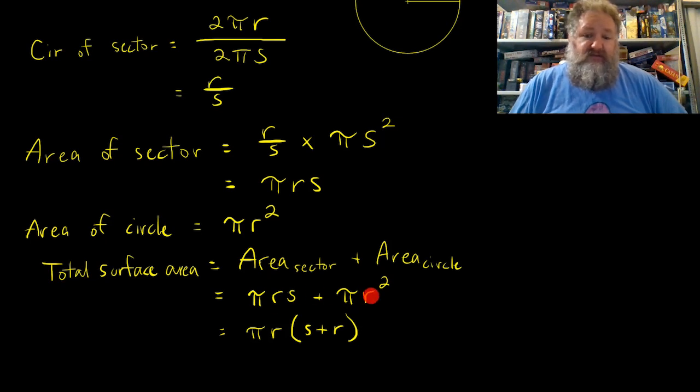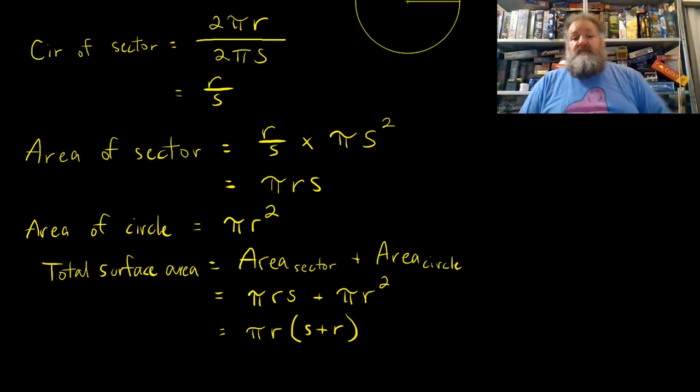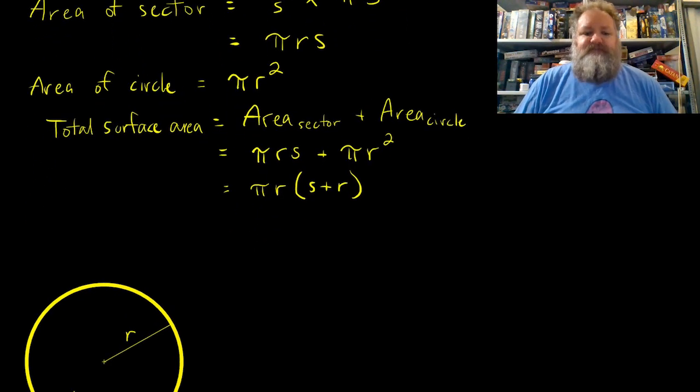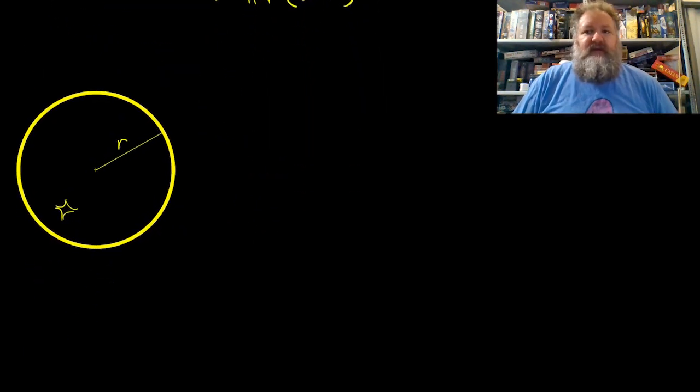You could use that as the formula, that's fine, or we could take out the common factors, pi and r, put them outside of a set of brackets. We have pi r outside of s plus r, and that will give you the total surface area of a cone.